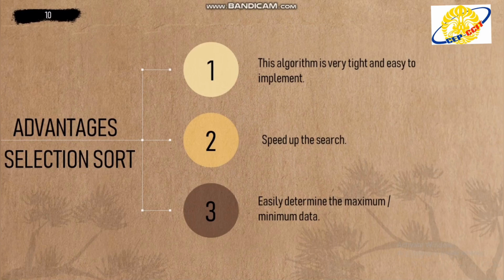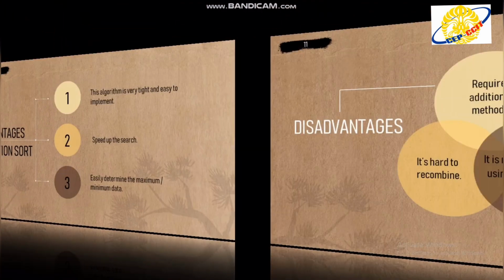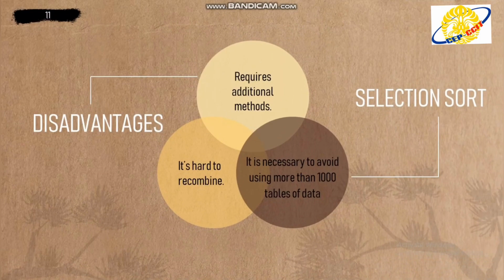Speeds up the search. 3. Easily determine the maximum and minimum. Next, disadvantages of selection sort. It requires additional methods. It is necessary to avoid using more than 1,000 tables of data, and it is hard to recombine.